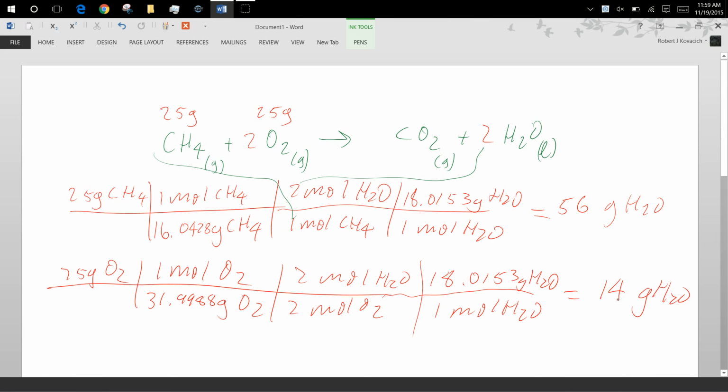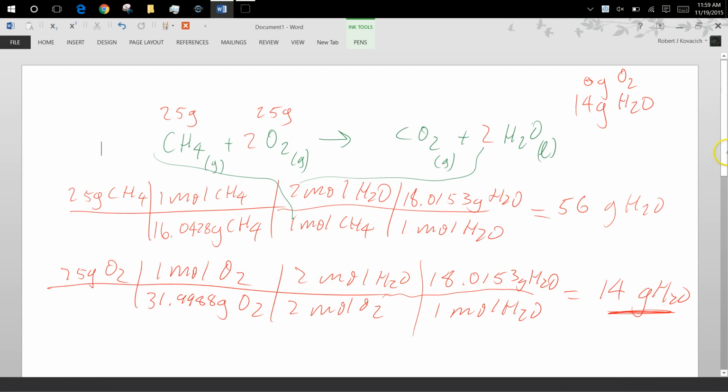Okay, since this is the smaller number, it means my oxygen is going to run out first. So my oxygen is my limiting reagent. If I put 25 grams of each of these reactants in a container together, my O2 will run out. And the moment my O2 has run out, I will have made 14 grams of water. So what I know right off the bat is when this reaction is done, I'm going to have 0 grams of O2 and 14 grams of water.